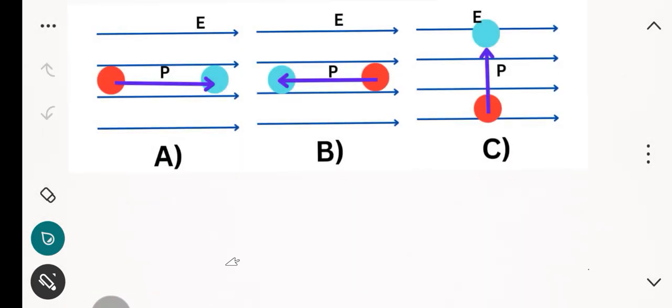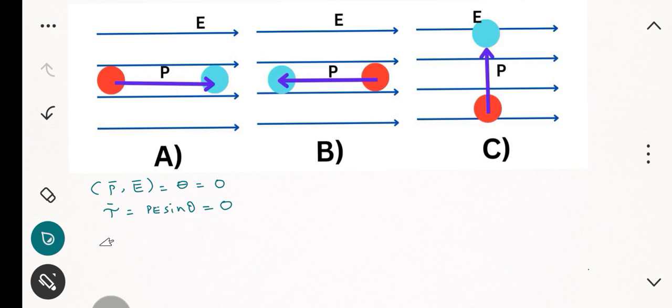Let us consider some cases. First one, the angle between electric dipole and electric field intensity is equal to 0. If the angle between the electric field intensity and electric dipole is 0, then we can say that tau bar is equal to PE sin theta, whose value is equal to 0, as sin 0 is equal to 0.